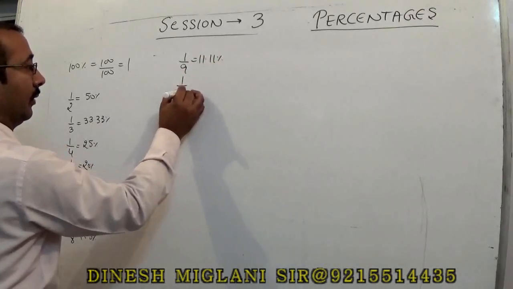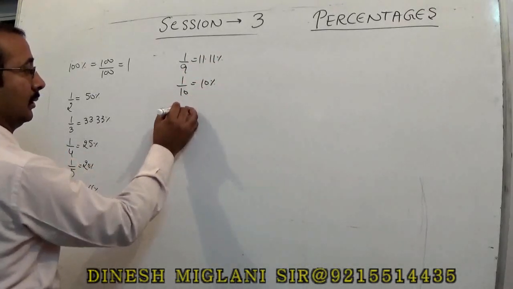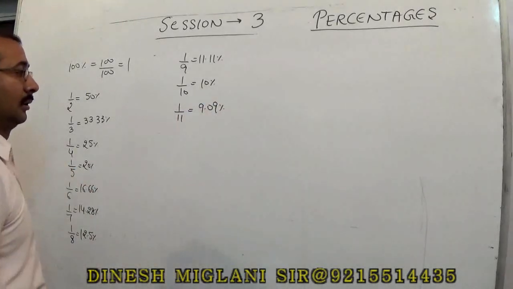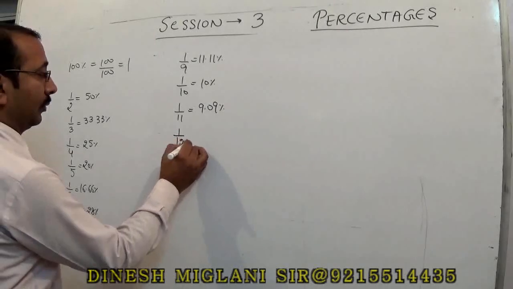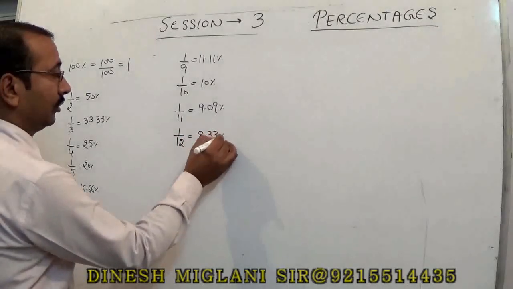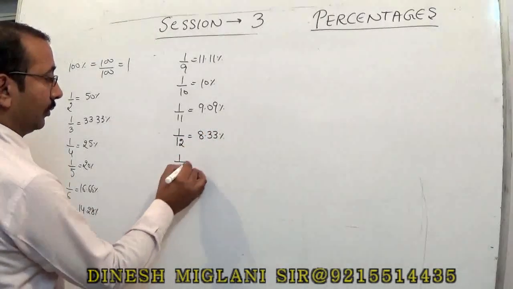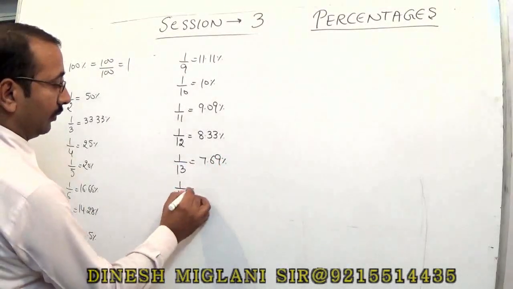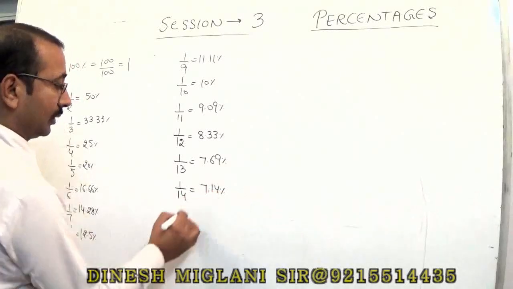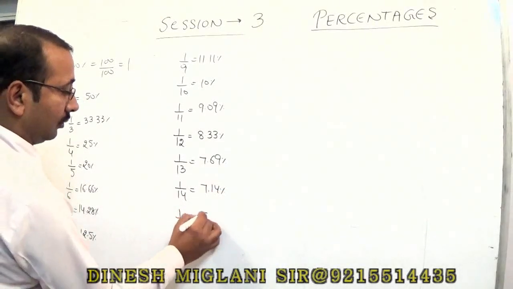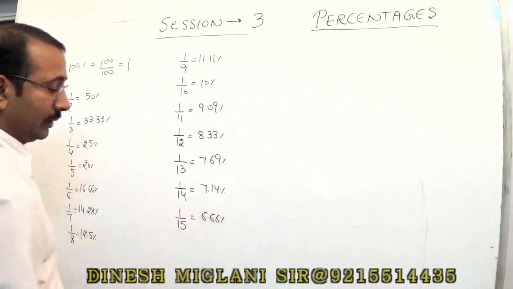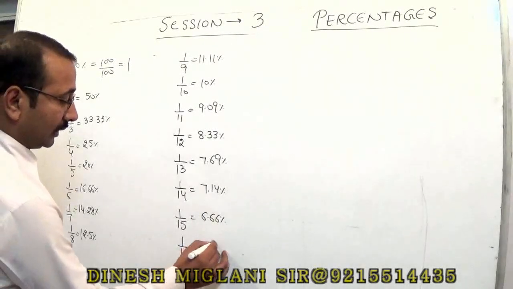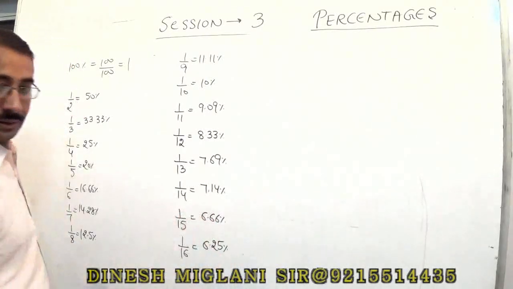11.11%, 1 upon 10, 10%, 1 upon 11, 9.09%, 1 upon 12, 8.33%, 1 upon 13, 7.69%, 1 upon 14, 7.14%, 1 upon 15, 6.66%, 1 upon 16 is 6.25%.